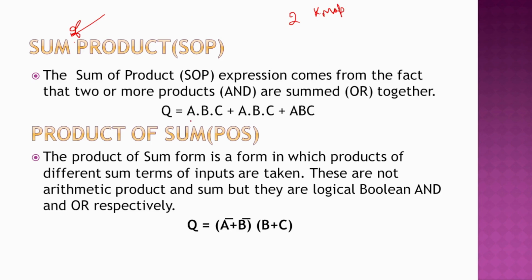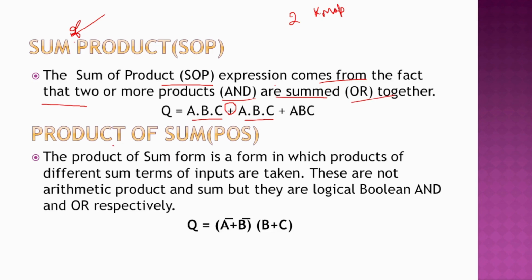Sum of product means two or three variables are multiplied and they are summed with another group. So that is called the sum of product method. The sum of product expression comes from the fact that two or more products are summed together. So product by using the AND gate and summed by the OR gate.